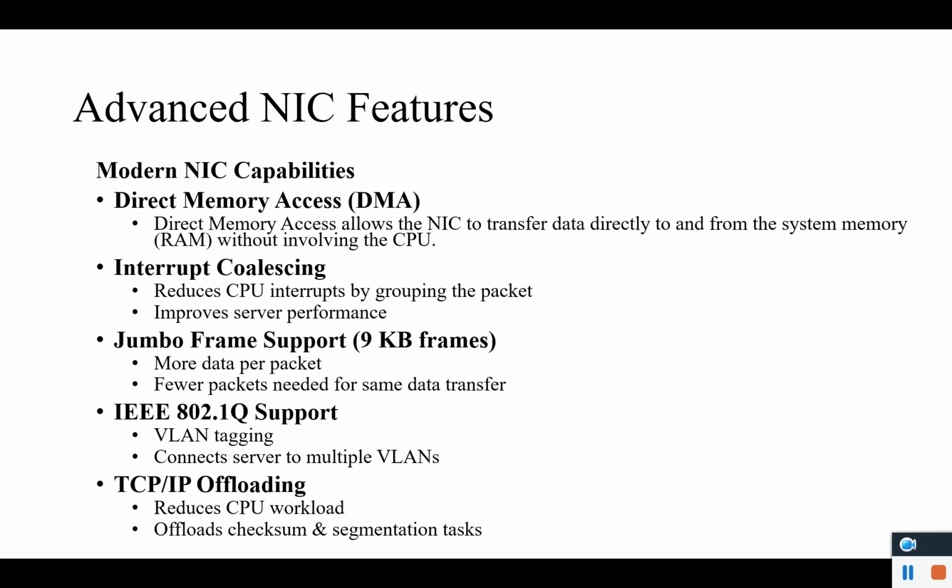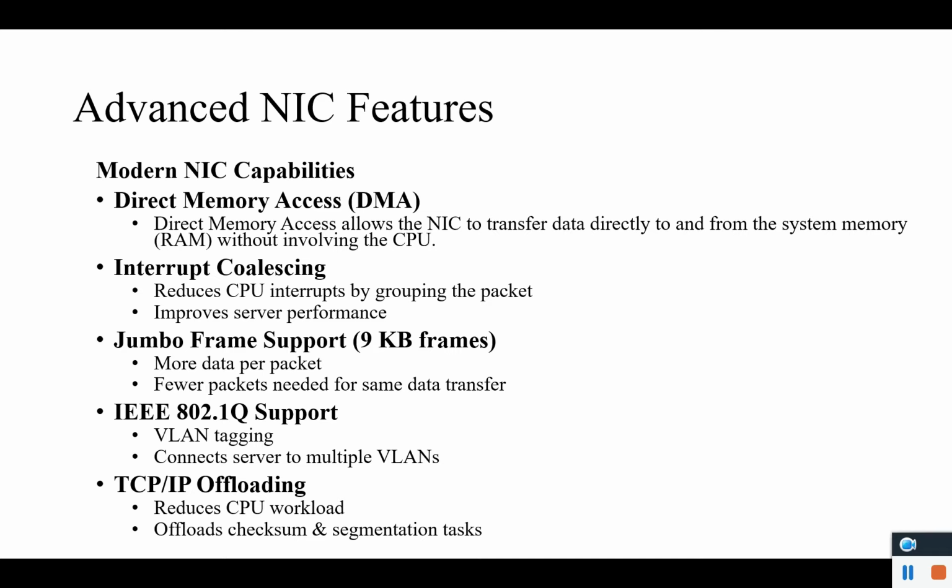The first one is direct memory access. It is one of the most important features of the modern NIC. Normally, when data arrives at the server, the CPU is involved in transferring data from the NIC to RAM, which increases the CPU workload.